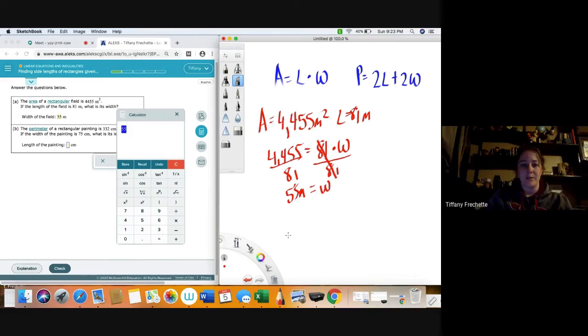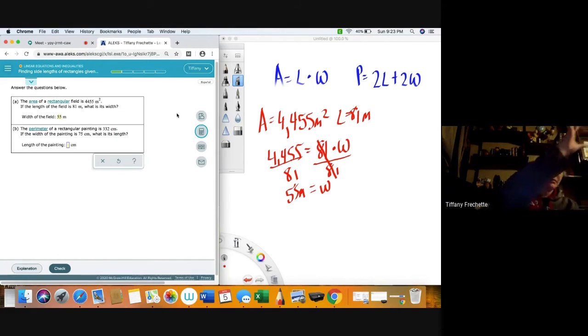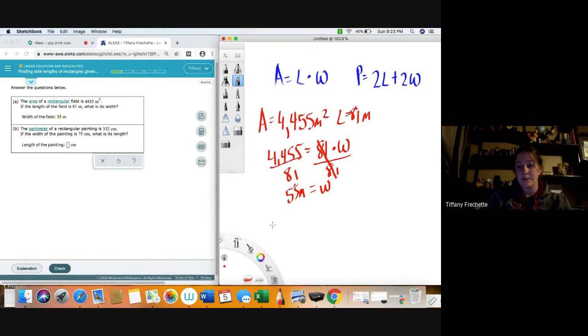All right, so part B says, the perimeter of the rectangle painting is 332 centimeters. So we know we're going to use this perimeter. So I know 332 equals, because that's our perimeter, and they say the width of the painting is 75. So we know what the width is, but we don't know what the length is.